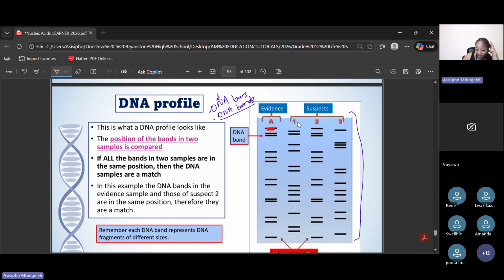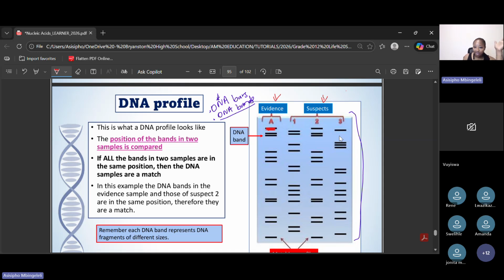In this case, we have a DNA profile that was collected as evidence, and then the possible suspects here. So we are going to use this band over here and check if this band is available in suspect 1 in the same position. If it's not available, we'll move to the second suspect and then to the third suspect.